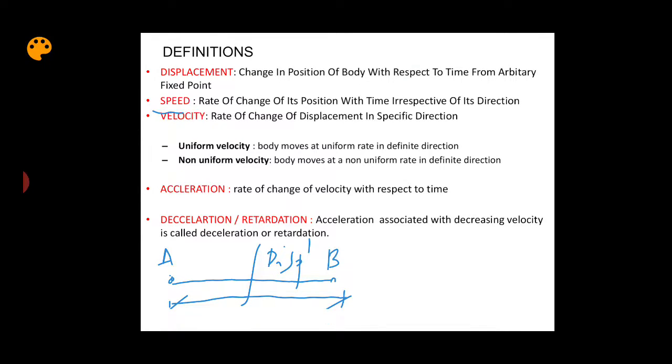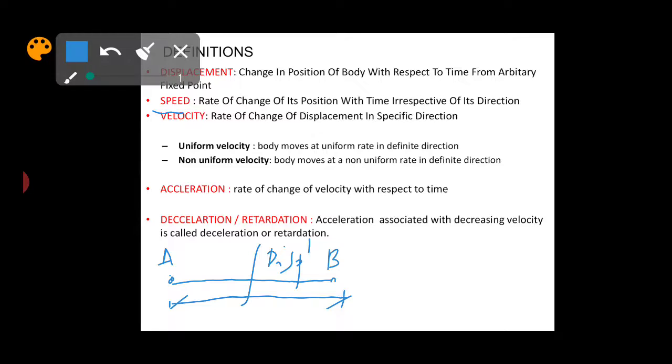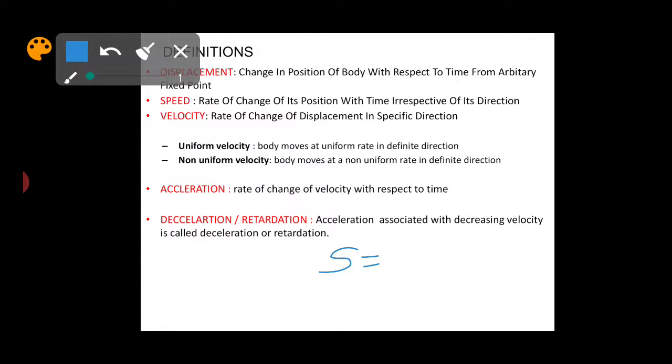Next definition, speed. Speed is rate of change of its position with respect to time irrespective of its direction. So we define speed as speed is equal to distance upon time.